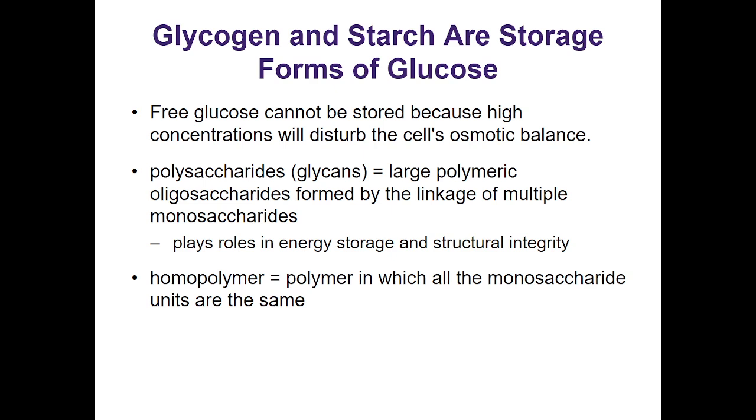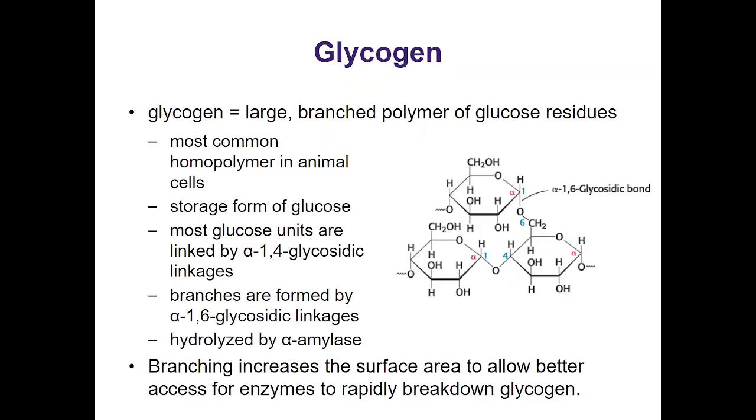That's more the plant one. Okay, so glycogen can be a large branched polymer of glucose residues, the most common homopolymer in animal cells. It's the homopolymer we typically use, the majority of our homopolymer. This is going to be the storage form of glucose, excuse me.